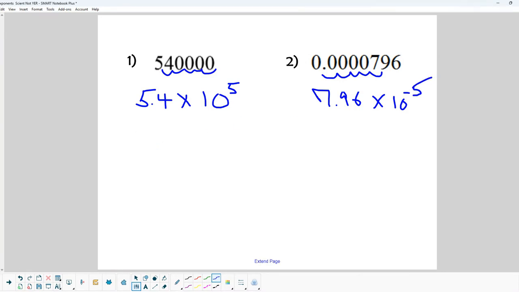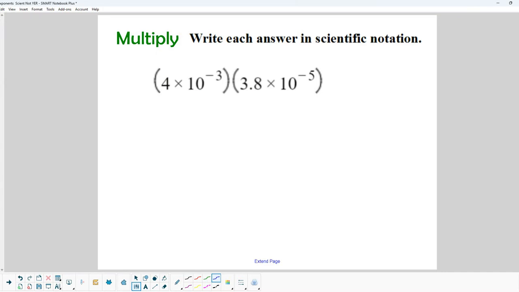All right. Then we went on to multiplying numbers in scientific notation. So in that case, you multiply the front digits. So 4 times 3.8. If I do that on my calculator, 4 times 3.8 is 15.2.